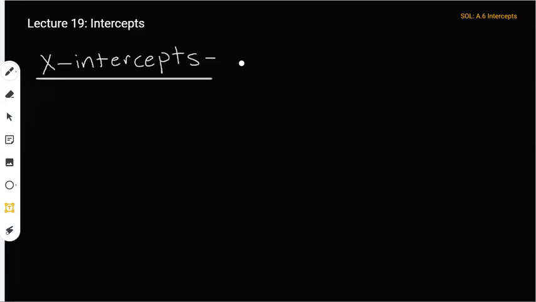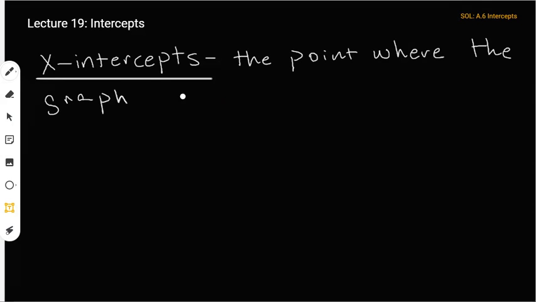So an X-intercept is the point where the graph crosses the x-axis. The point where the graph, usually it's going to be a line, it's the point where the graph crosses the x-axis, and we call that the X-intercept.